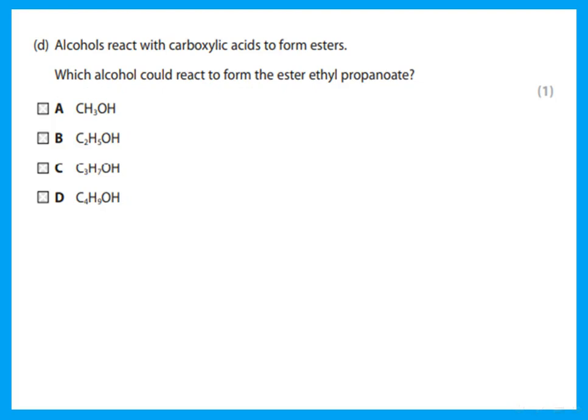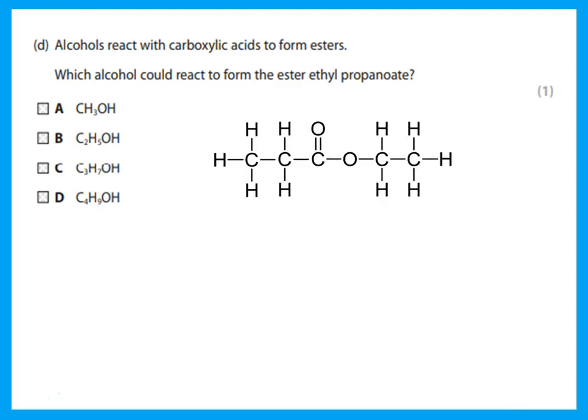Alcohols react with carboxylic acids to form esters. Which alcohol could react to form the ester ethyl propanoate? Remember that the word ethyl is the part that was alcohol. So let's just review what we said about esters. We said ethyl propanoate.